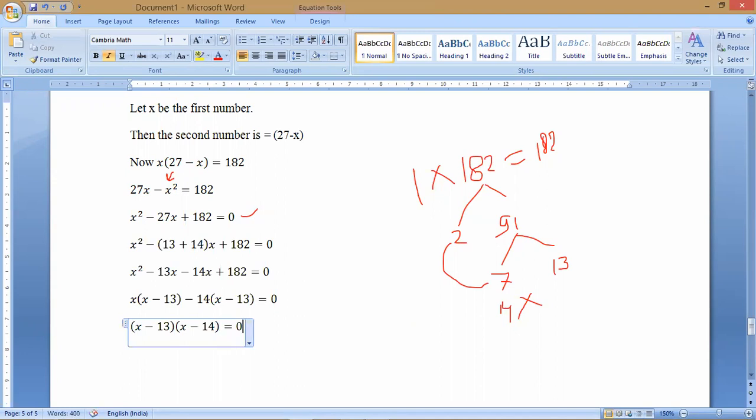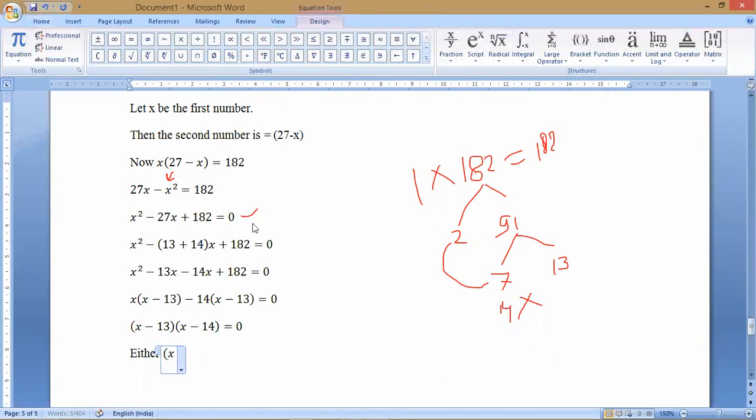This is the product of two factors. So either x minus 13 is equal to 0, or x minus 14 is equal to 0.